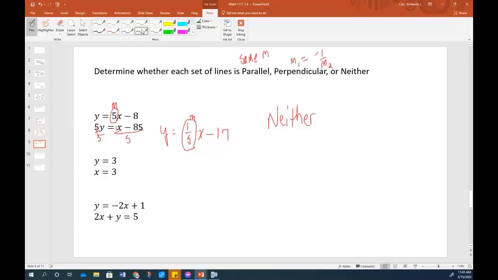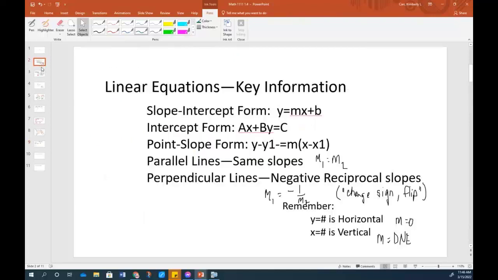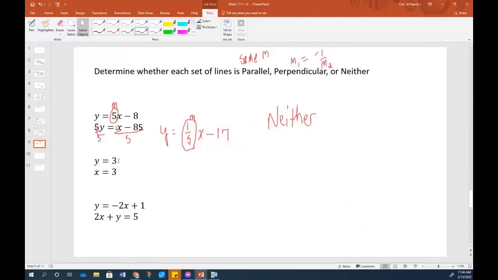Just changing up colors so our lines don't all blur together when we're doing the work. This one, y equals a number. Y equals a number is horizontal and the slope is 0. X equals a number is vertical, and the slope does not exist.